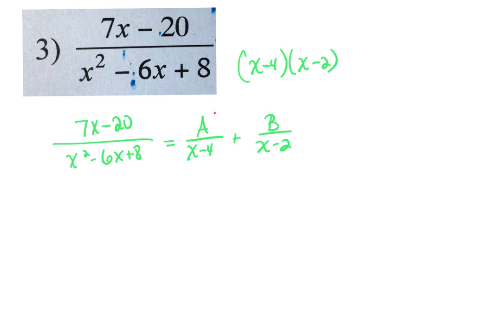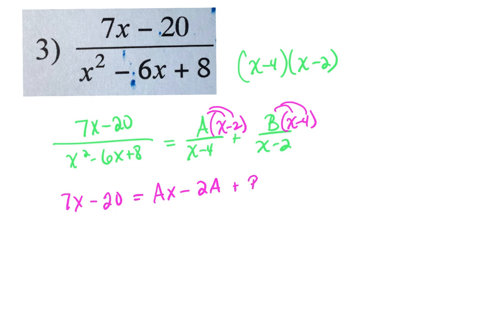So I'm going to multiply this by the x minus 2 and this one by the x minus 4. So 7x minus 20 equals, distribute here, ax minus 2a plus distribute here, bx minus 4b.